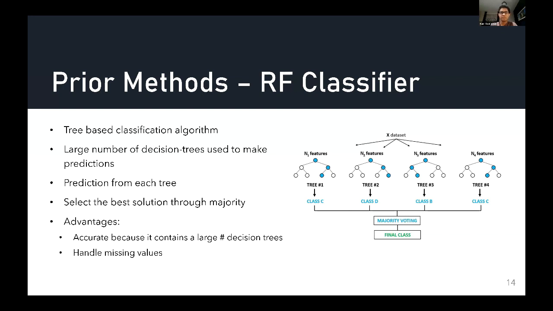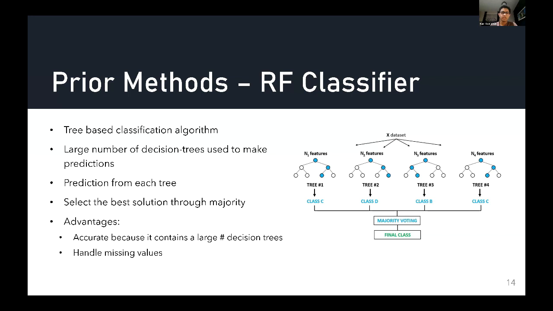A random forest classifier uses a bunch of decision tree structures in tandem to create a prediction output. And we are using this random forest classifier model in order to predict heart murmur location.